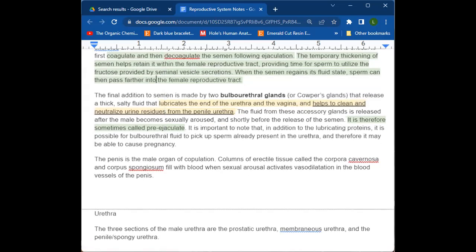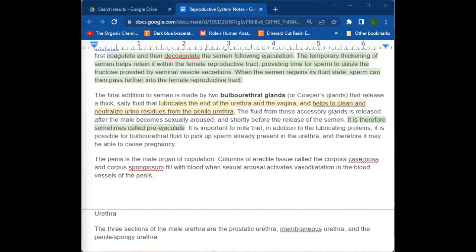Okay, then the last accessory gland is the bulbourethral gland. Basically, that's supposed to secrete a neutralizing, alkaline secretion.